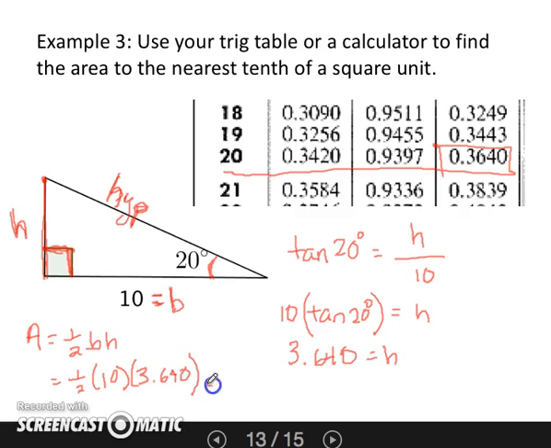When I plug that into my calculator, I get 17.10. And the problem says I'm to round the area to the nearest tenth of a square unit. So 17.10 would round, actually, to 17.1 square units.